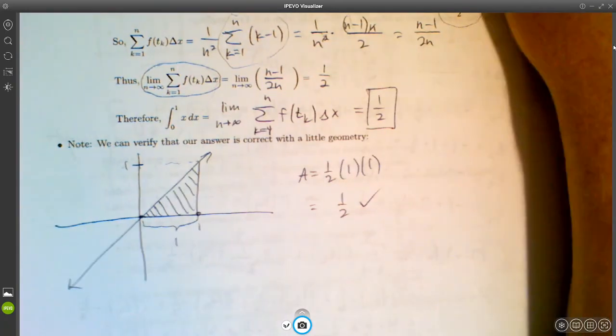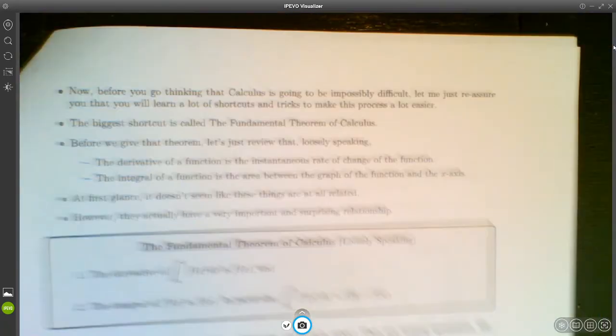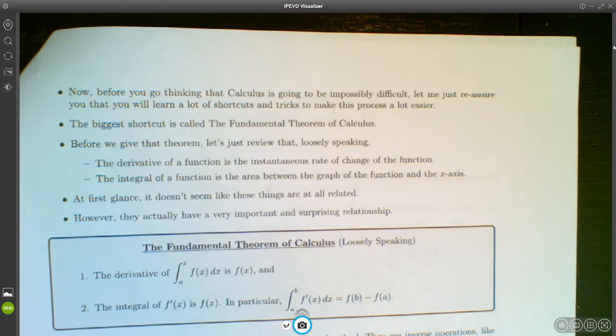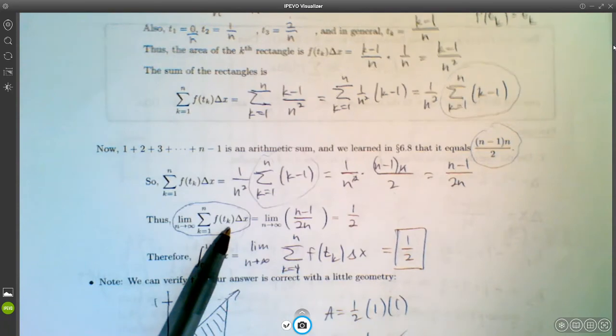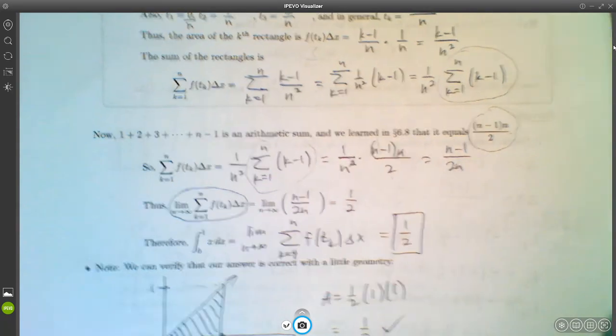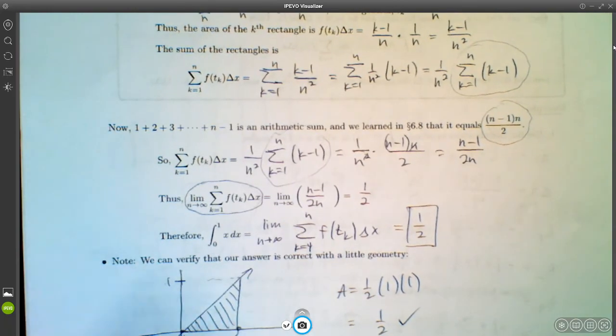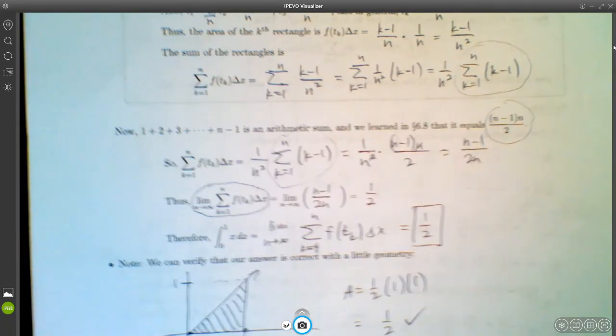It's a little bit more complicated, so I'm not going to take you through any more examples of using this formula in this class. You'll do some more of this in calculus, but it is nice to know that it does in fact work, at least in this case.